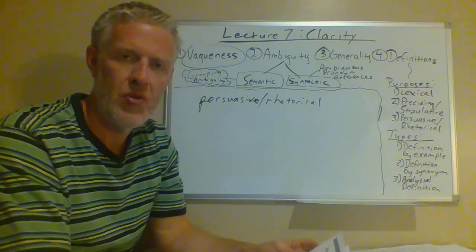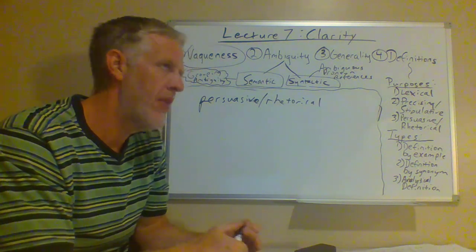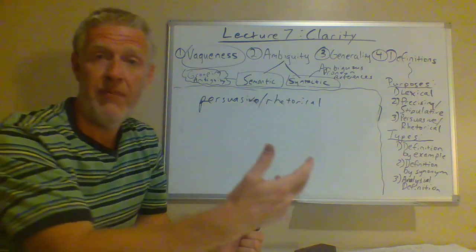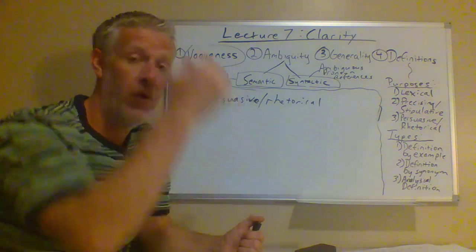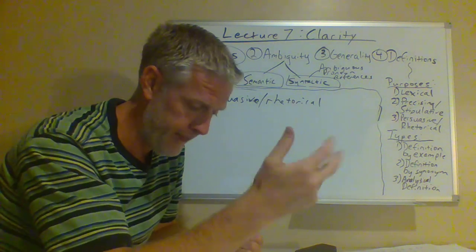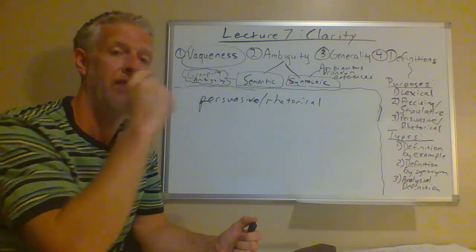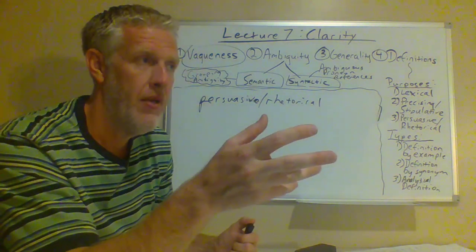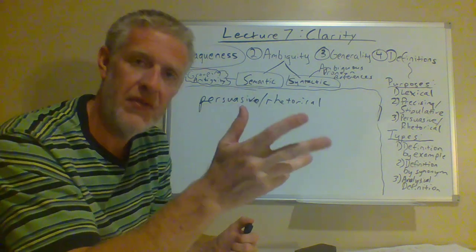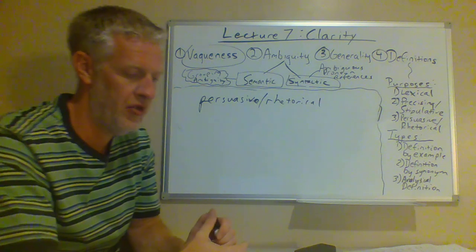And often they make use of what's known as emotive meaning. So here the intention is not simply to convey what the word means in an average everyday sense, or to make it clear what might otherwise be a confusing term, but rather the person is trying to convince people, right, to persuade them, to influence their behavior and their beliefs. Okay, that's the chief objective when it comes to persuasive and rhetorical definitions.